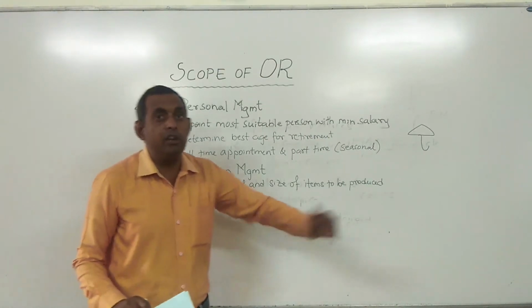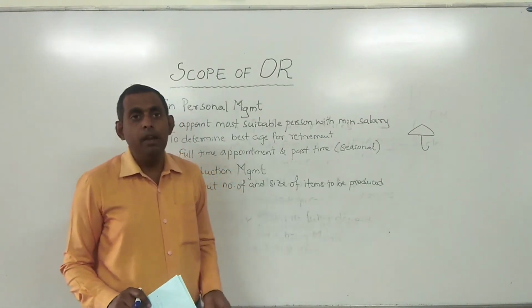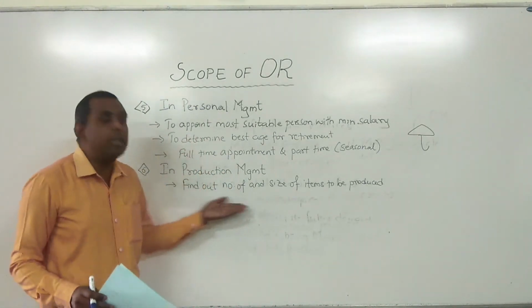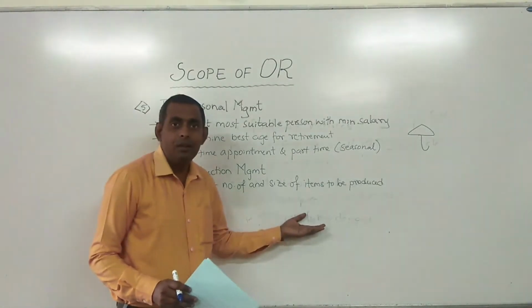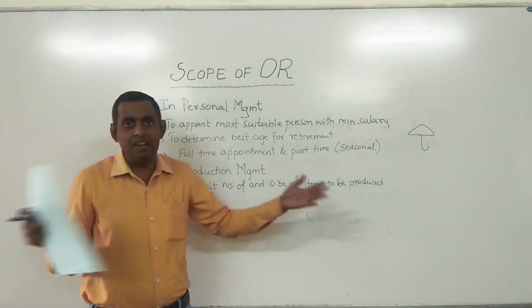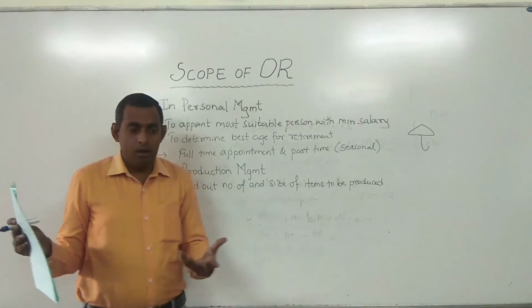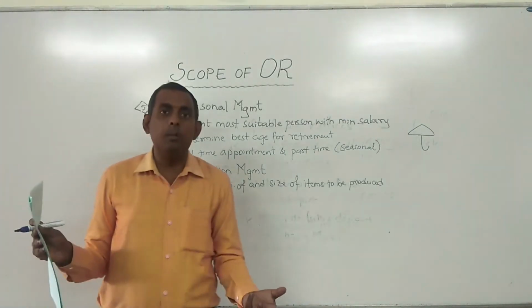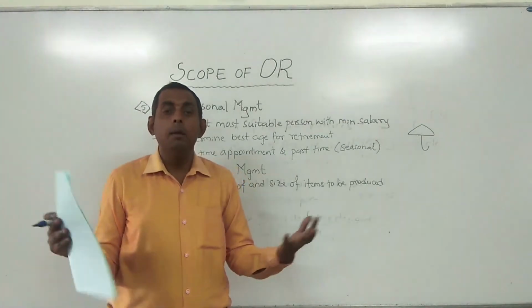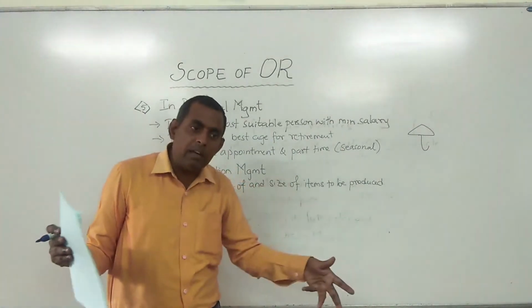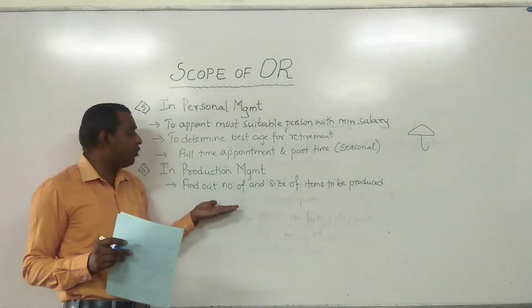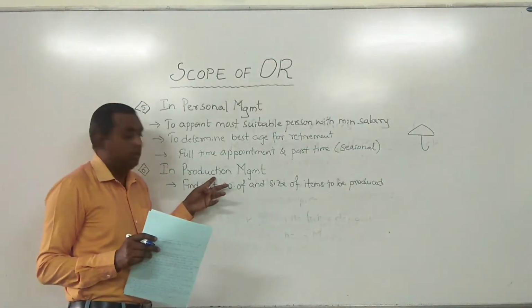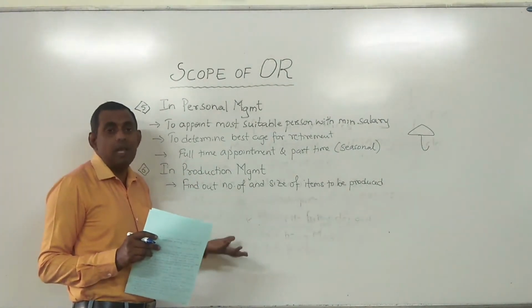There are different varieties of umbrellas available. So what type of umbrella should we produce more, and what is the number and the size? Small umbrellas, large umbrellas, ladies' umbrellas, color umbrellas, printed umbrellas, plain umbrellas. So what type of umbrellas are to be produced, and how many, and what size?